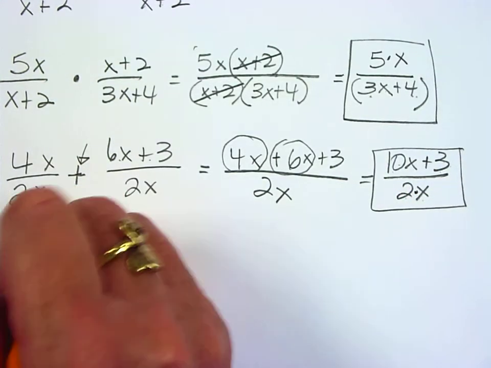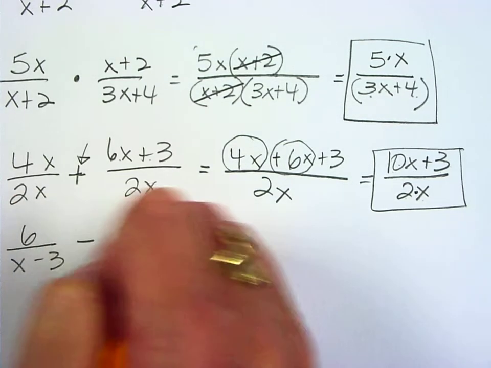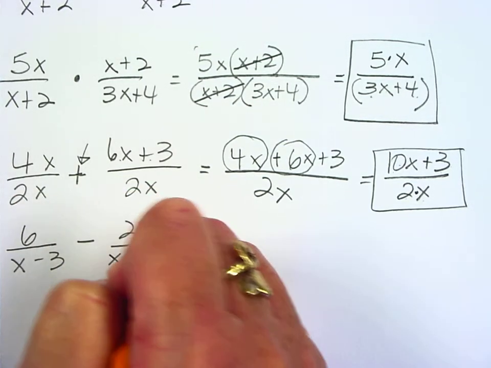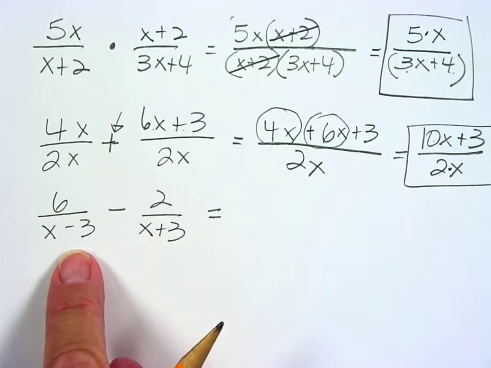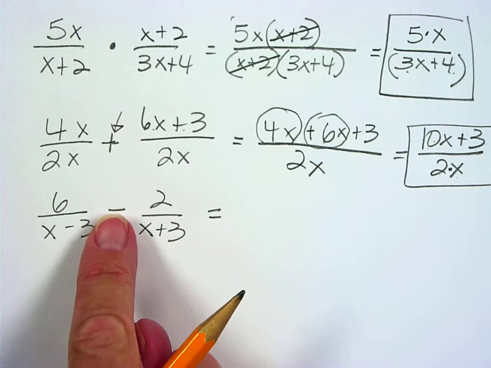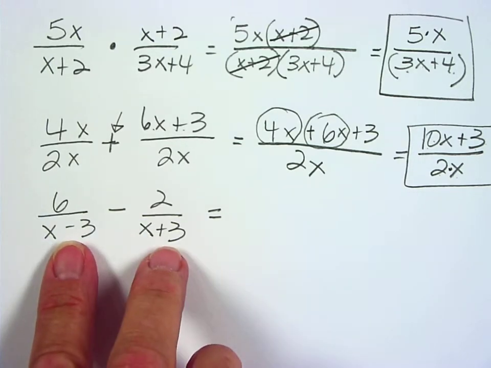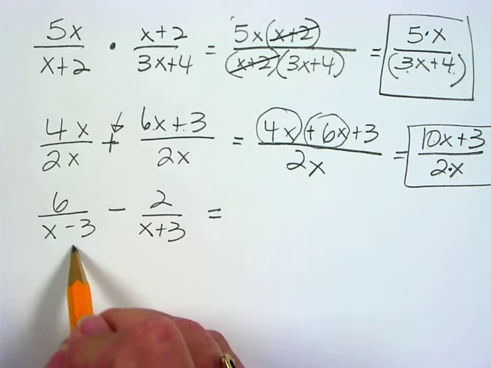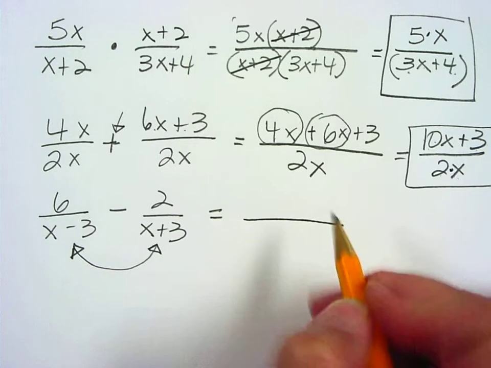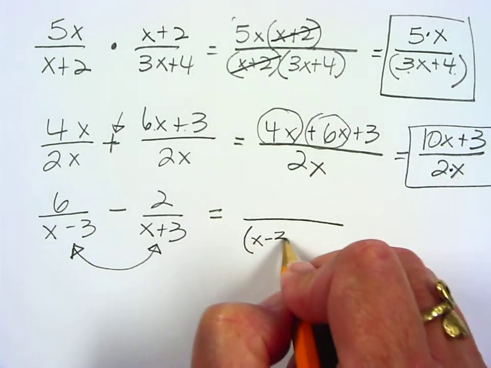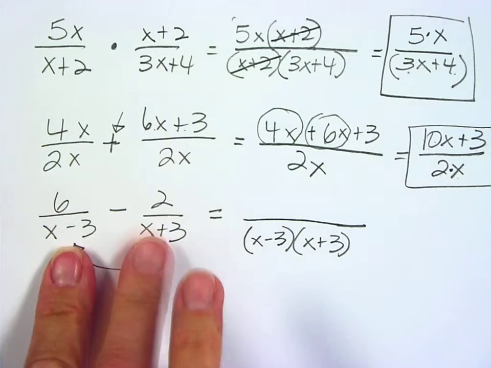Number 4 says find the difference. 6 over x minus 3 minus 2 over x plus 3. Now, look at these two denominators. They're different. And this says subtract. Well, these don't have any factors in common at all. So the only way I'm going to get a new common denominator is to multiply these together. So my new common denominator is going to be these two multiplied together.